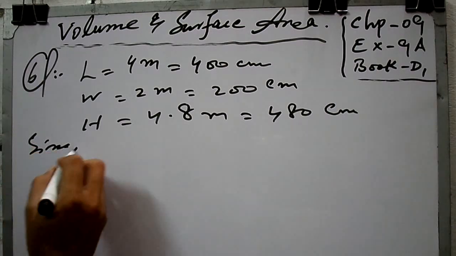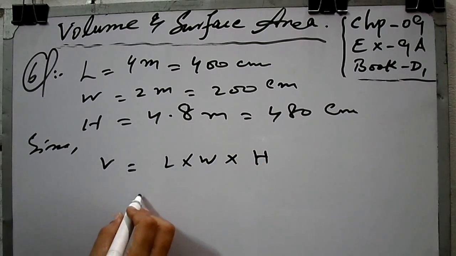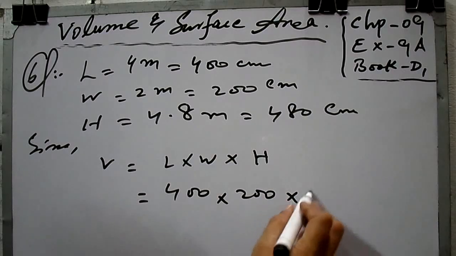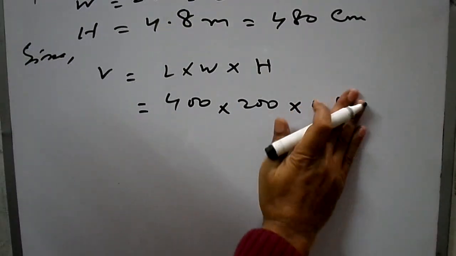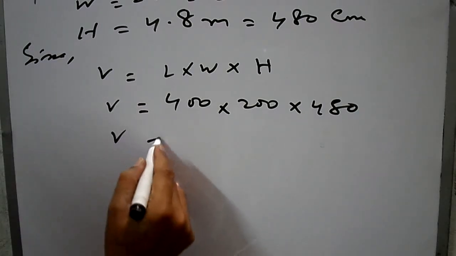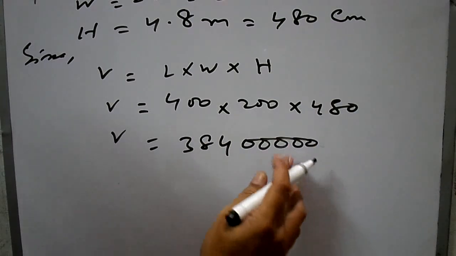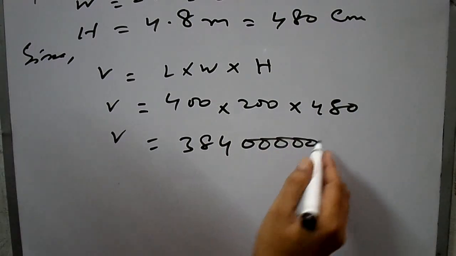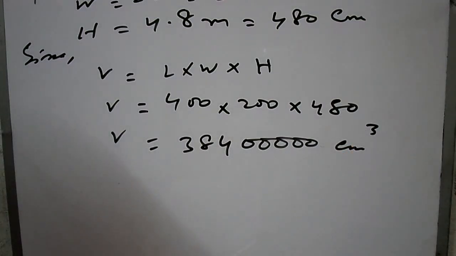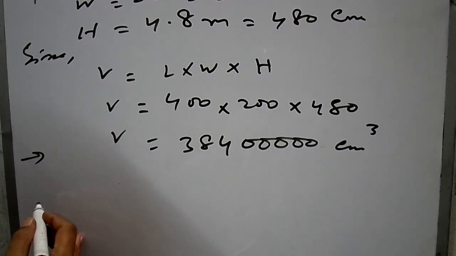Since we have a formula, volume is equal to length into width into height, so 400, 200 and 480. Now the condition is when it is half filled.